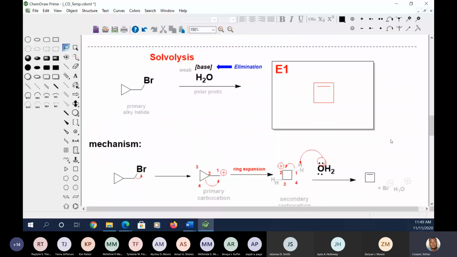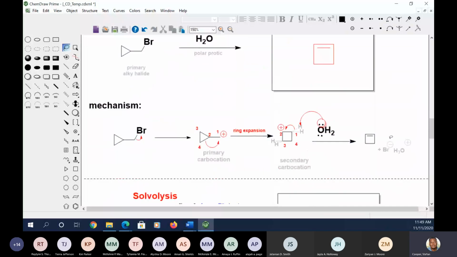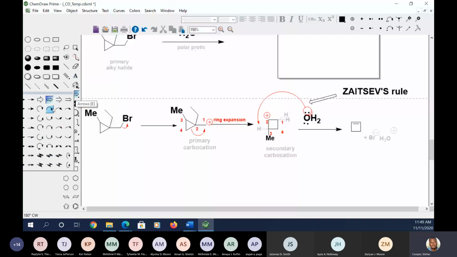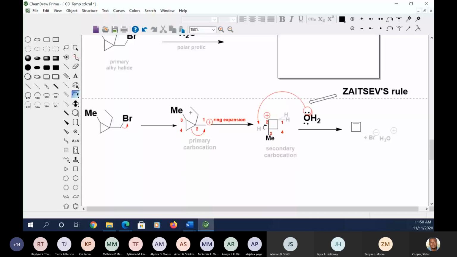So I'm going to pull this hydrogen because of Zaitsev's rule. And I need to show that the electrons in that bond between carbon and hydrogen are now going to form a double bond there. Circle that red.